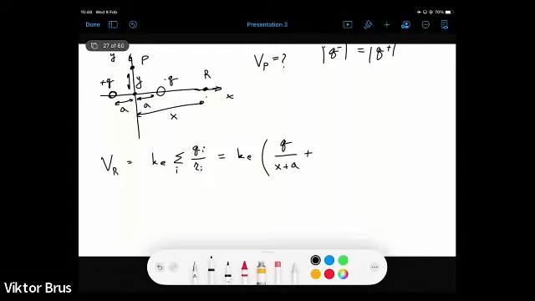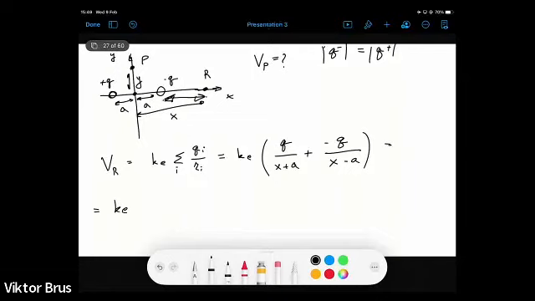Then we have the contribution from the negative charge. It will be minus Q divided by the distance, and that is x minus a. We can take Q out of the parenthesis, since it is the same for both cases.